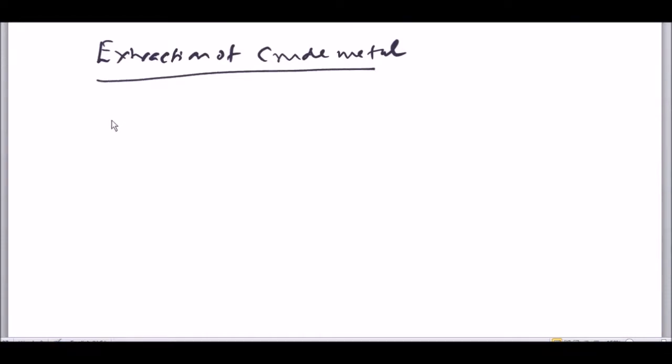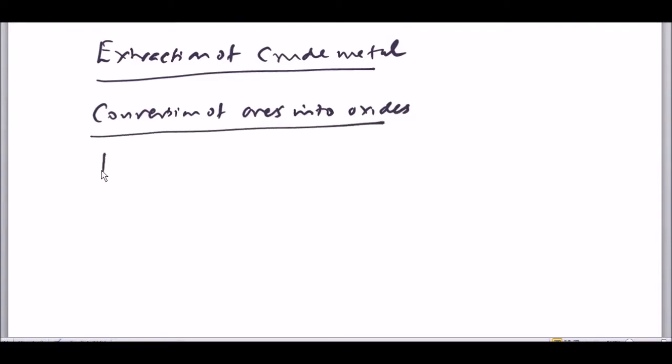For that, the first procedure, conversion of ores into oxides. Okay. This is possible by the procedure called roasting. What is it? Heating the ore with air mainly.